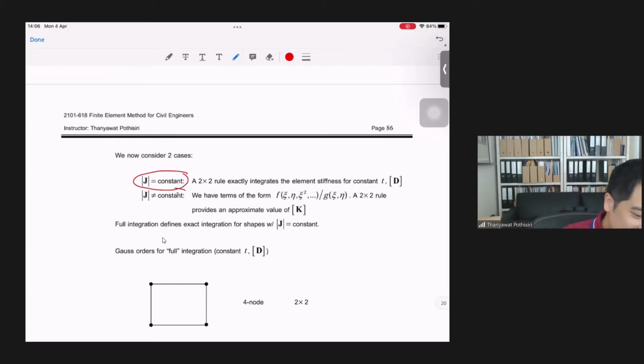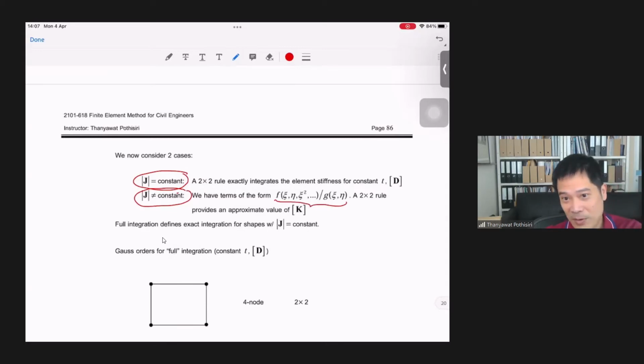But if J is no longer constant, then you would end up with this case where you have one polynomial divided by another polynomial. So in this case, the 2x2 rule would only provide an approximation for your element stiffness matrix.